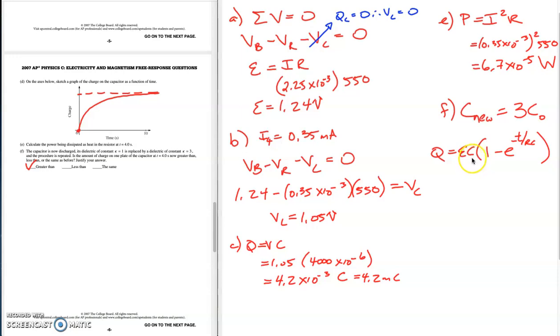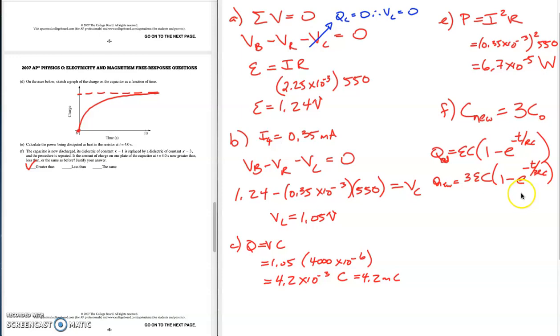And we need to take a look at how this C changes. So this is old. And then we're going to have Q new, which is going to be 3 EC times 1 minus e to the minus t over 3 RC.